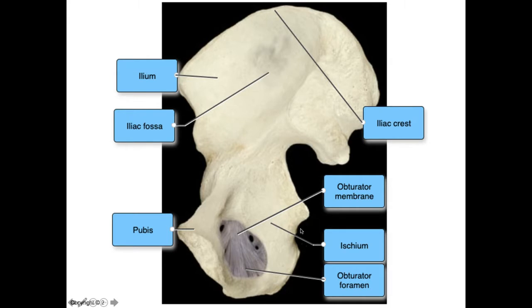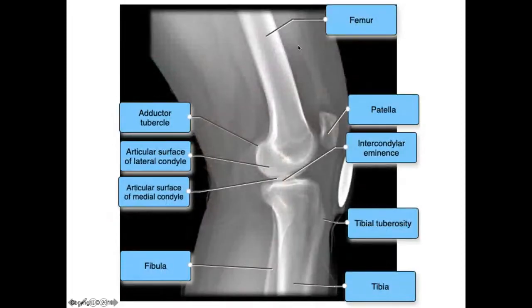And guess what goes through the greater and lesser sciatic notch? The sciatic nerve. And that's why pelvic alignment is so very important, because if the pelvic bone tilts, it can put pressure on the sciatic nerve, whether it's an anterior pelvic tilt, posterior pelvic tilt, or a lateral pelvic tilt.